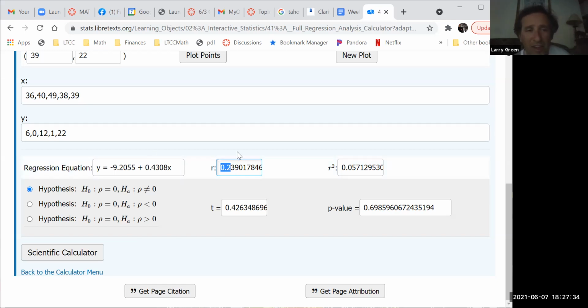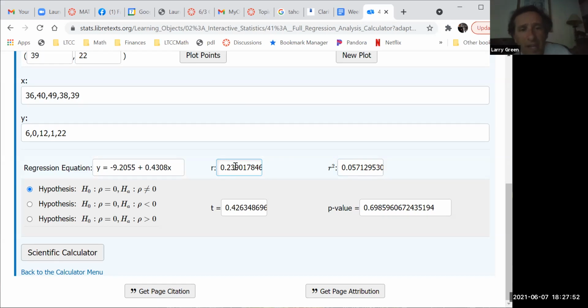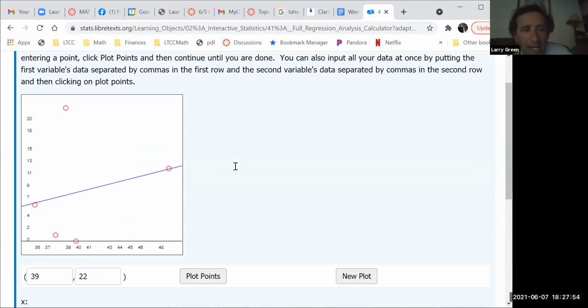Any questions on reading this before I get into better examples where we actually get a good correlation? Can you go over what the R value represents again? The R value represents, if we look at the line and the dots, is that line a good estimate for our data?